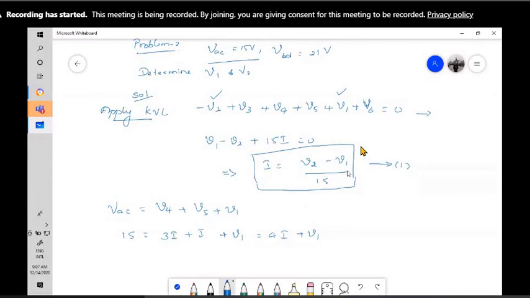Now by substituting equation number 1 in 2, we can write V2 minus V1 by 15 plus V1.